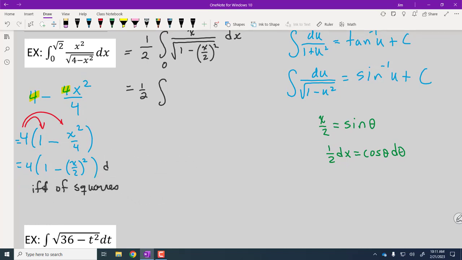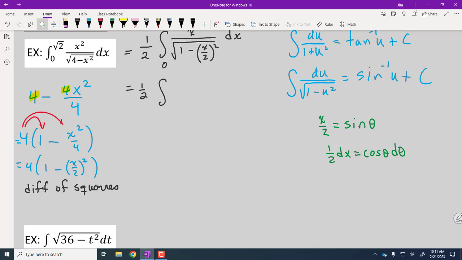So the limits of integration, let's talk about that for a moment. You know how to convert limits of integration from your substitution step. With trig sub, usually it's better to not deal with them and just convert back to the original variable in the end.